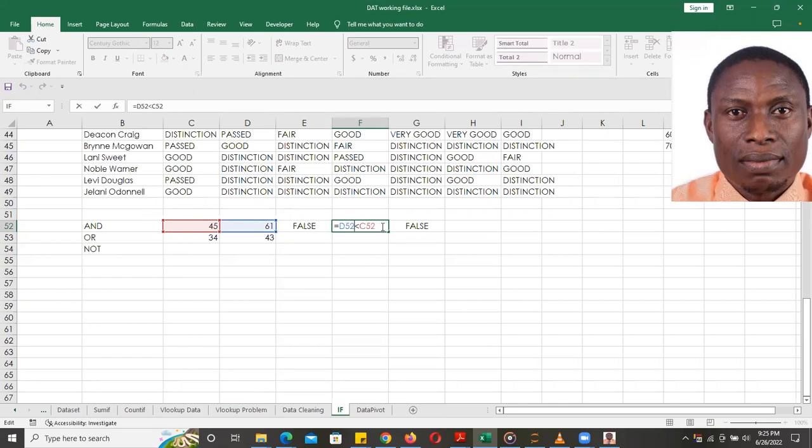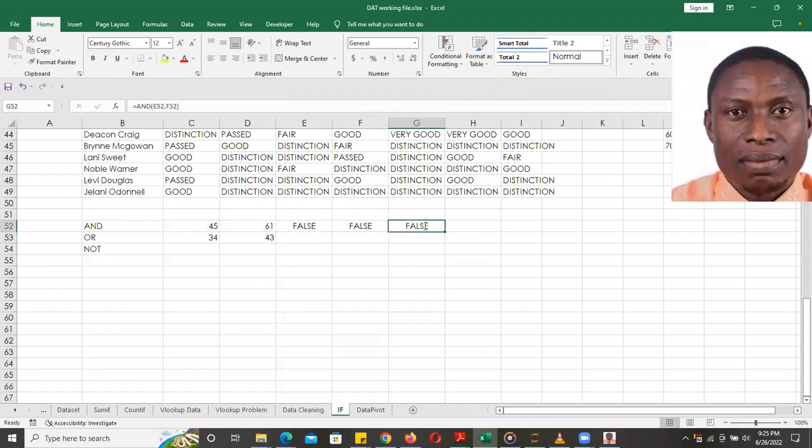Hold on. Yeah, 61 is not less than 45. 61 is greater than 45, but I'm now saying 61 is less than 45, and it's telling me no, that's false.